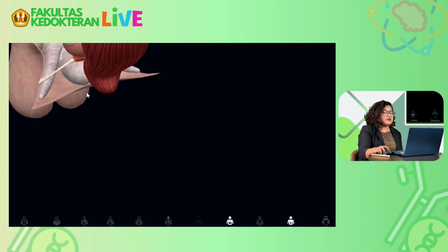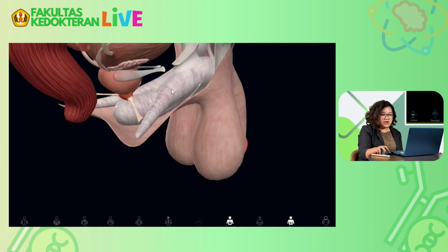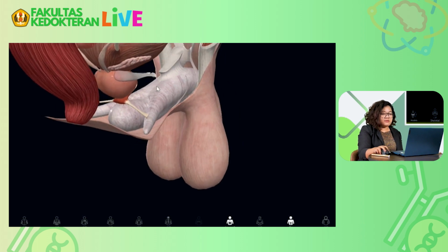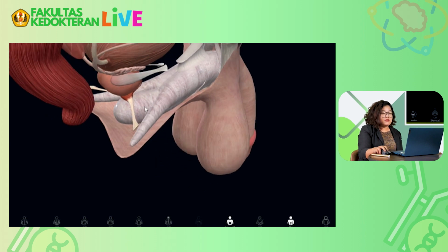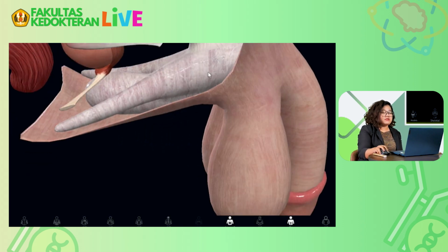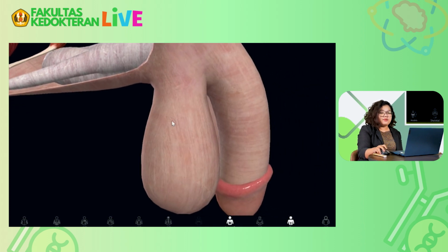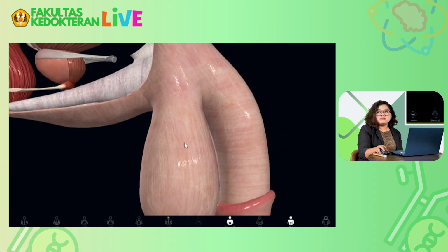It's actually the origin of the corpus cavernosum, and they merge into one here, while the bigger one here is the bulb of the penis, the origin of the corpus spongiosum. This is the root, and then this is the body of the penis. It's a pendulous appendage that is suspended from the pubic symphysis.